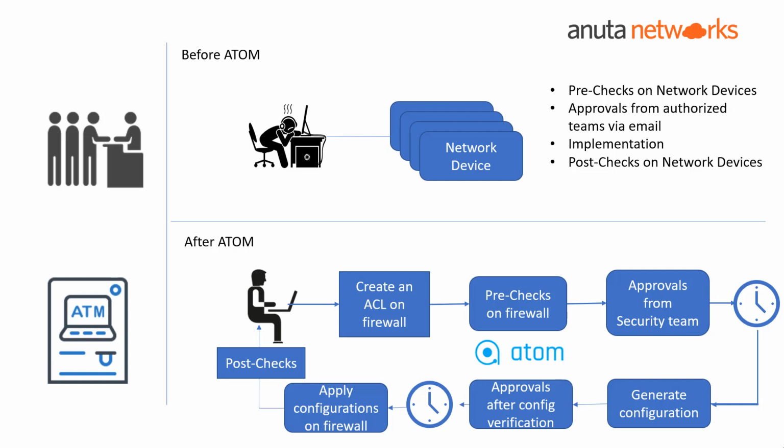In our diagram, the network admin is trying to automate the creation of ACLs on the firewall. The workflow will immediately connect to the firewalls and perform pre-checks to see if there are any conflicts in the firewall definitions that will reject the configurations, and if any, it will report back to the admin.